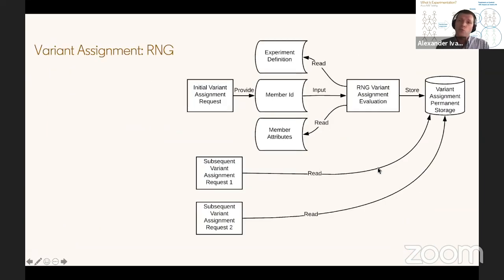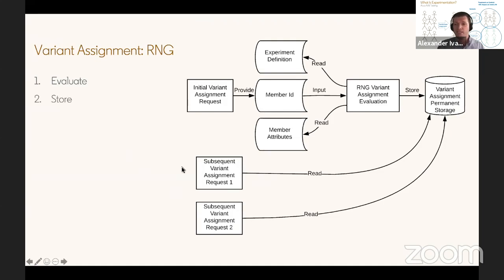The first way of assigning the member population is based on a random number generator, and it works in the following way. When a request comes in, we evaluate the request using some RNG object, and we store this generated variant in some database.